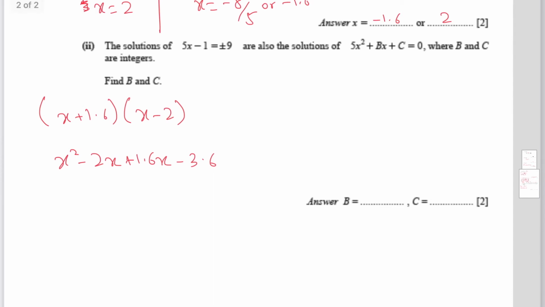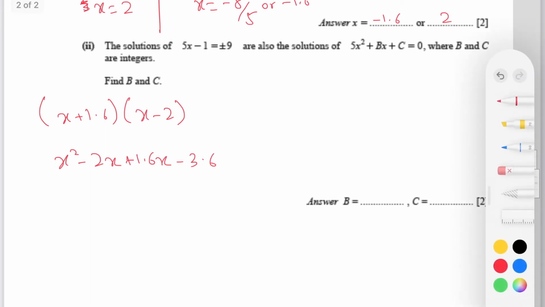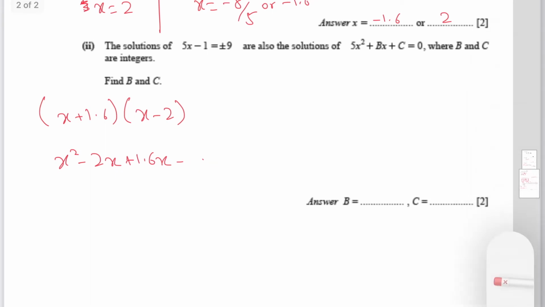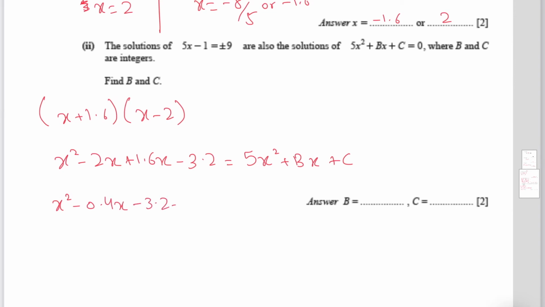So that's negative 3.2. This should somehow be equal to 5x squared plus bx plus c. Okay, so we simplify this further. We have x squared minus 2x plus 1.6x gives us minus 0.4x minus 3.2 equal to 5x squared plus bx plus c.